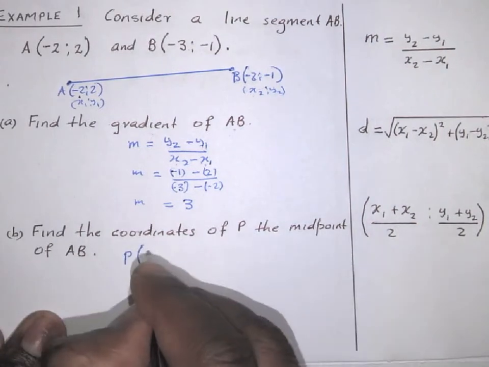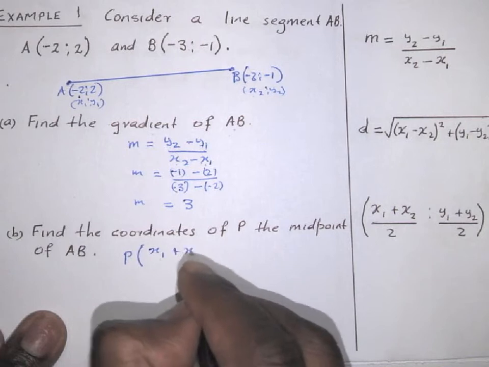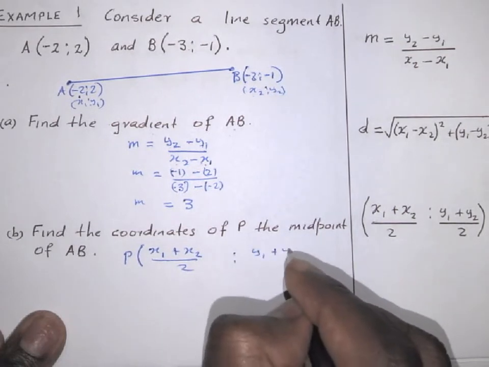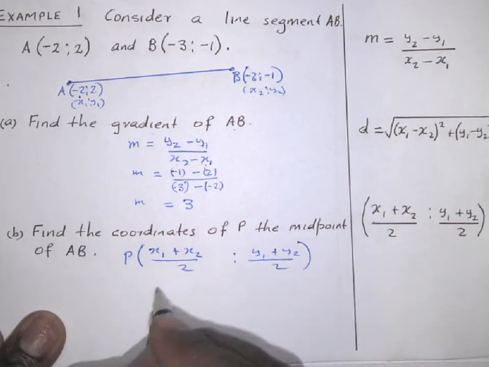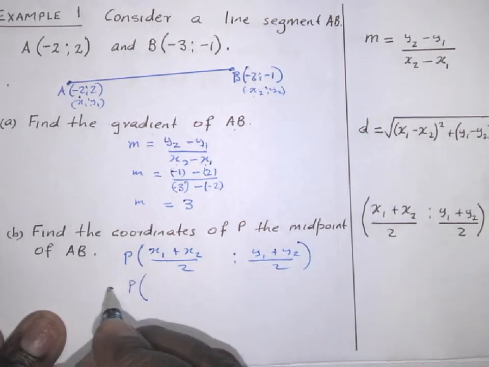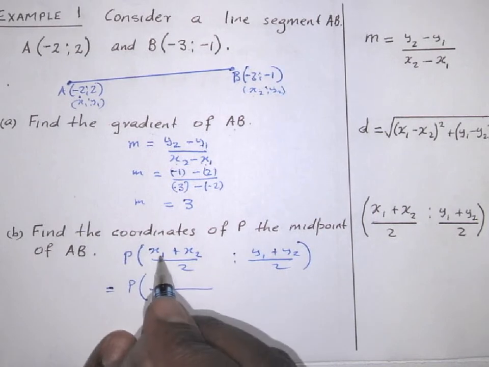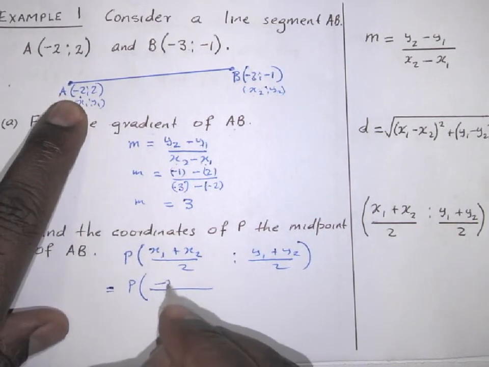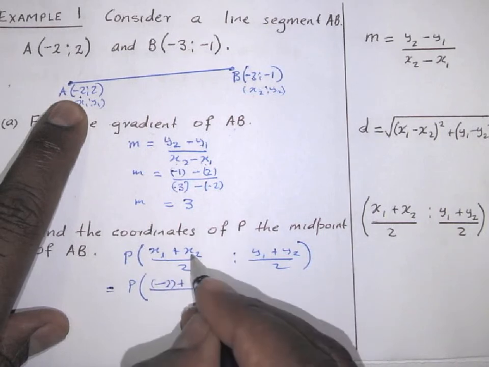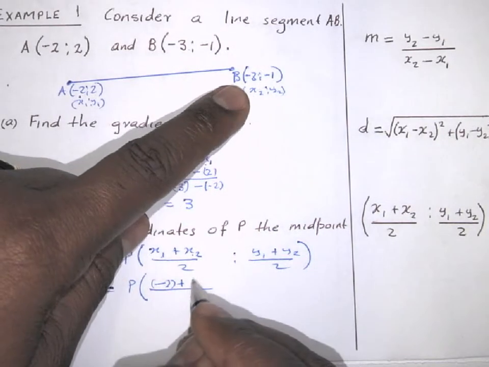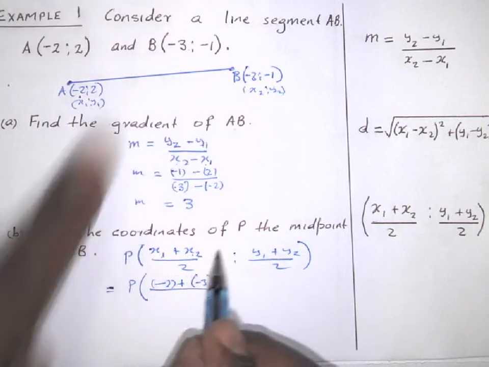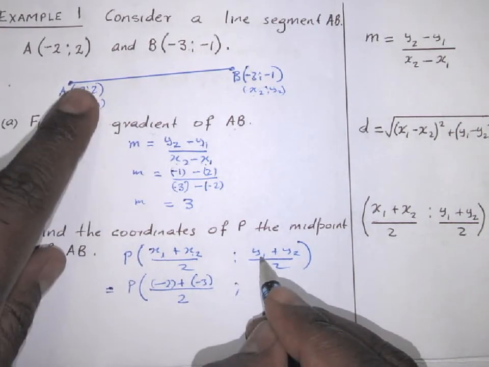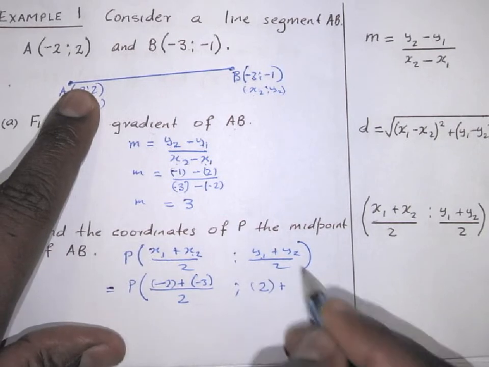So if I substitute here, x1 is minus 2, plus x2 which is minus 3, over 2. y1 is 2, plus y2 which is minus 1, over 2. So the coordinates of point P will be the answer that I get here.